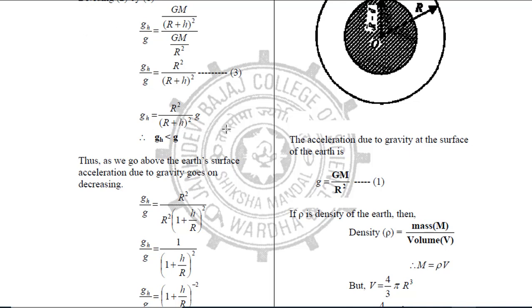If this denominator is increasing, it means this value gets smaller and smaller and smaller. So when it is multiplied to g, inaendelea kuipunguza tu ile g. So the farther we are going from the center of the earth, outside the earth, the less the gravity is becoming. And that's why in space, in the other planets, watu wanakuwa wanaelea because g is almost negligible. Sometimes it decreases to very low values.